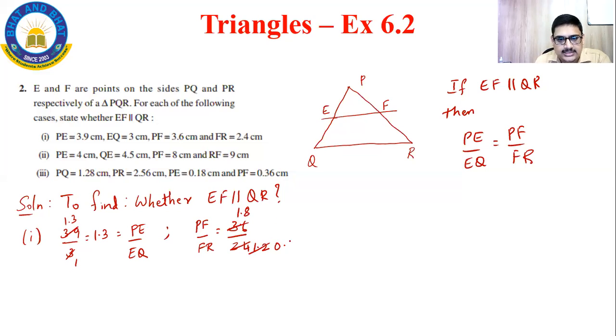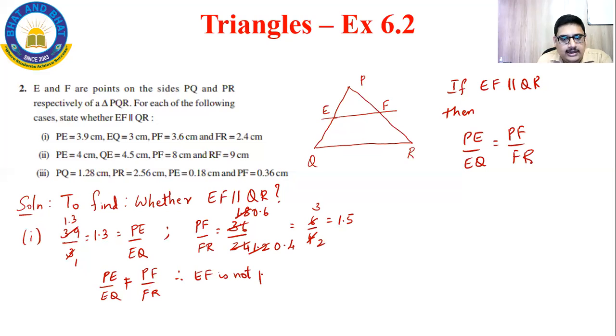Further, 3 fours are 12, 3 sixes are 18. That means 6 divided by 4, so 2 twos are 4, 2 threes are 6. That is nothing but 1.5. See, this is 1.3. This is 1.5. That means PE divided by EQ is not equal to PF divided by FR. Therefore, EF is not parallel to QR. This is the conclusion.